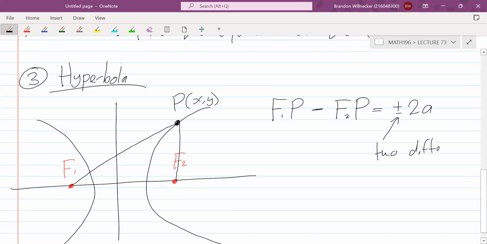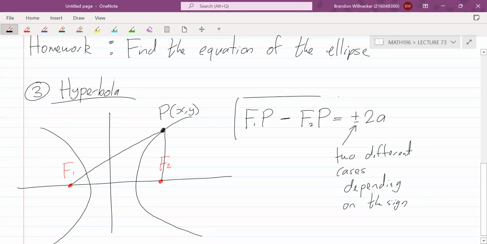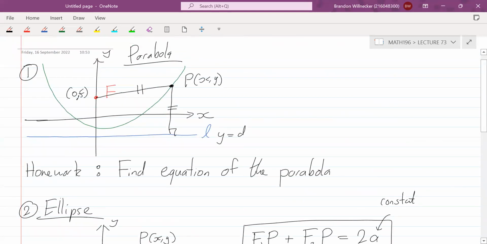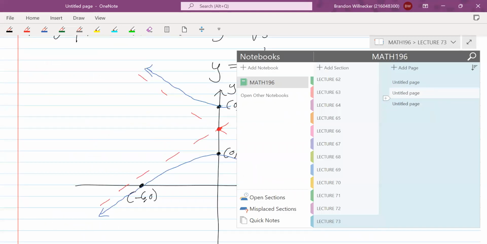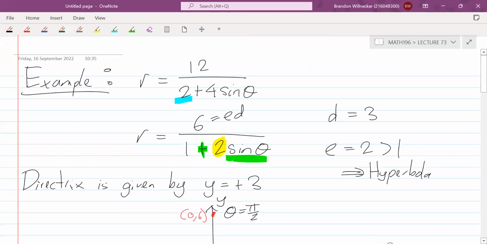So this is just a different way of defining these curves. We've looked at it in terms of the polar form equation, this one over here. This is just another way of looking at these shapes.